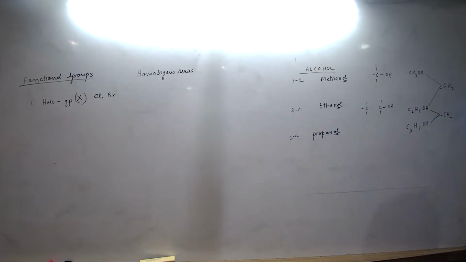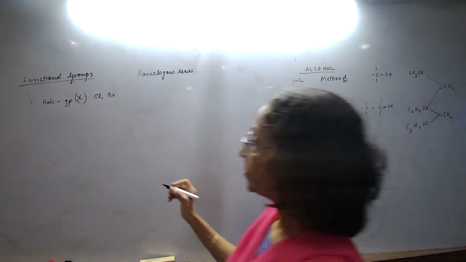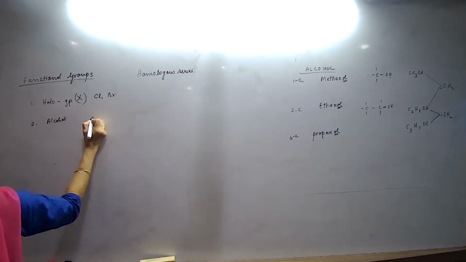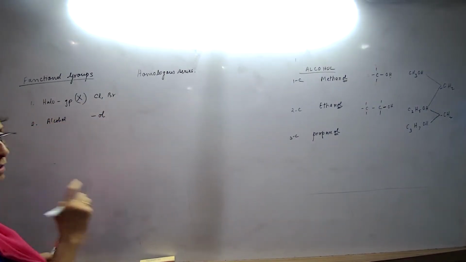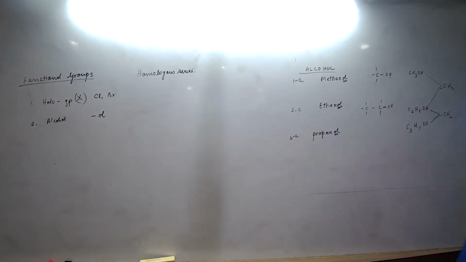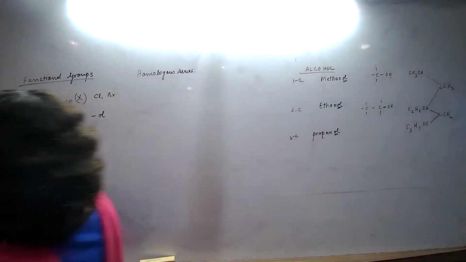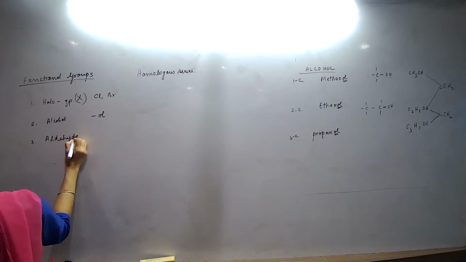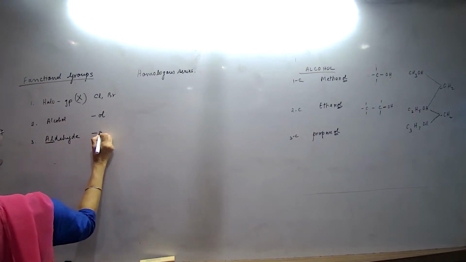Next one is alcohol, which I've already told you, ending in "ol". It's easy to remember because these are the scientific names. Next one is an aldehyde. Did you see in your textbook what they have given? It's an aldehyde, so it will end in "al".